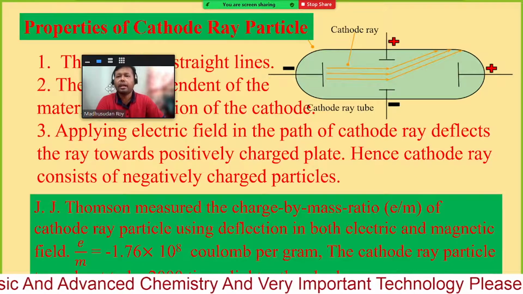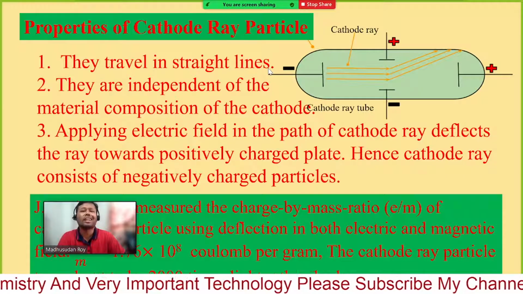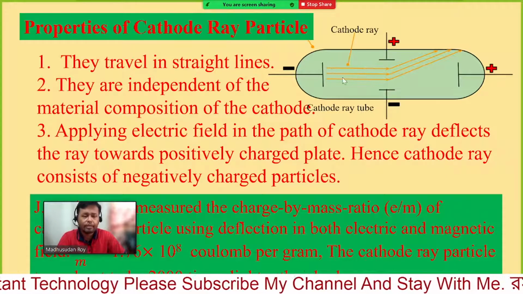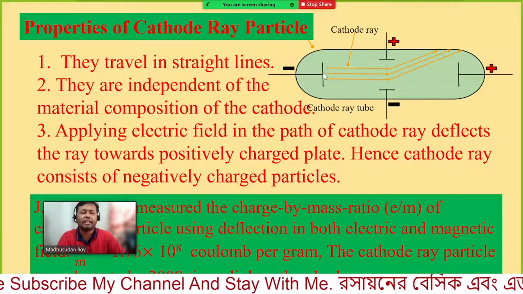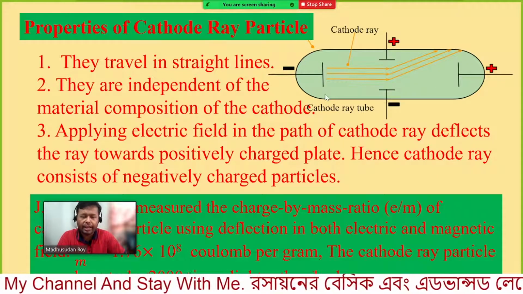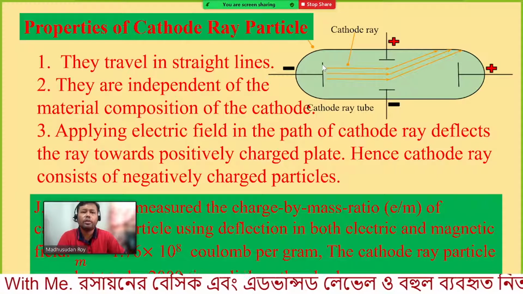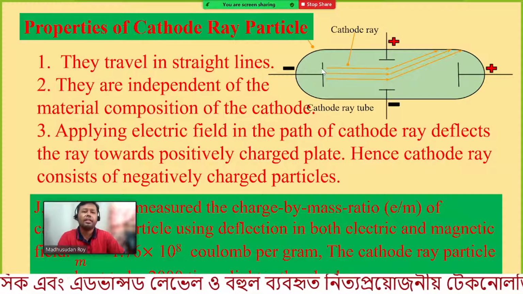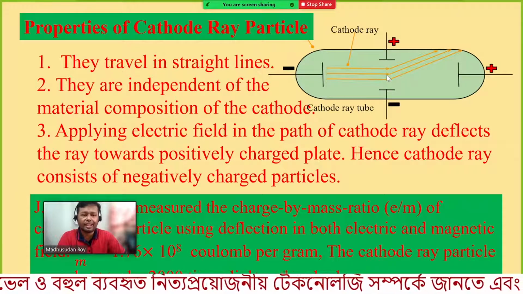Now, the properties of cathode ray particles. They travel in straight lines. Here you can see all the lines are parallel, so from the cathode the rays are generated and move in a straight line.